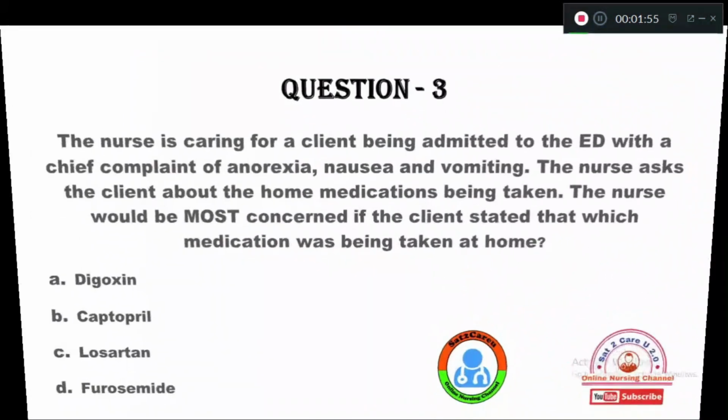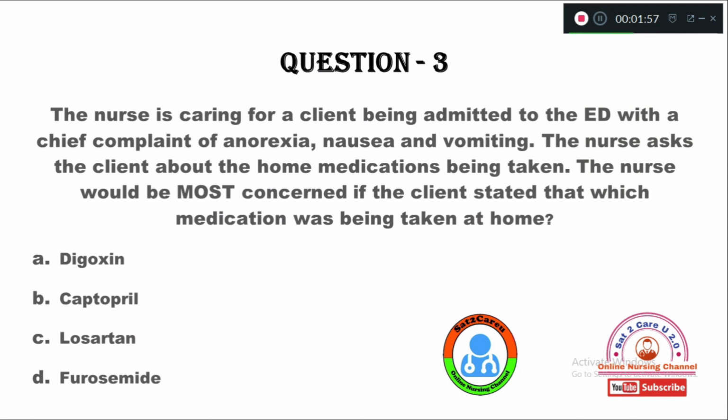Question number 3. The nurse is caring for a client being admitted to the emergency department with chief complaints of anorexia, nausea and vomiting. The nurse asks the client about the home medications being taken. The nurse would be most concerned if the client stated that which medication has been taken at home. Option A, digoxin. B, captopril.